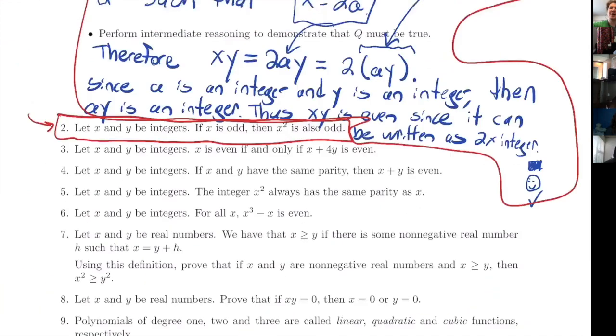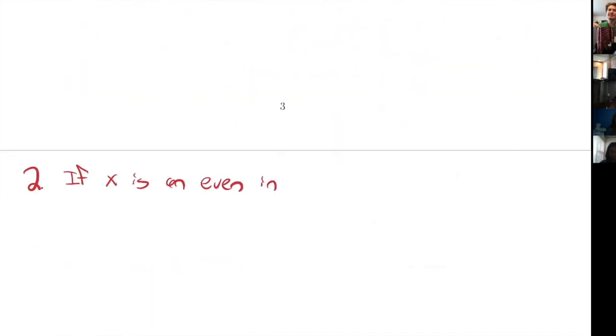Let's summarize what happened in 2, and some groups were moving on, and I think some of the other proofs probably have a similar feel if you had a chance to think about 3 or 4. So question 2 was saying, if x is an even integer, no, what was 2 saying? It was odd, right? Yeah, sorry.